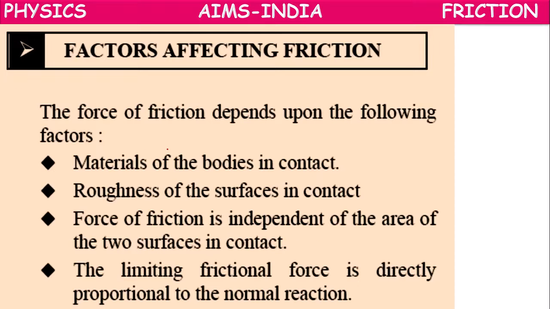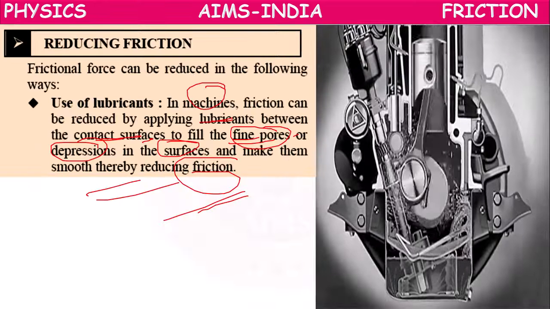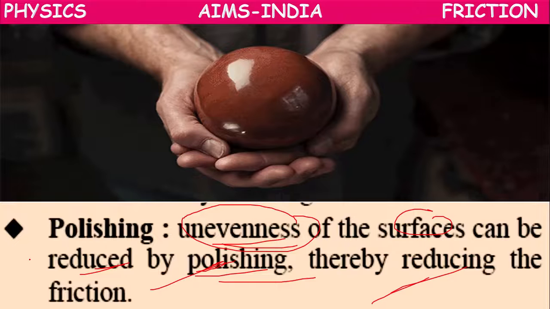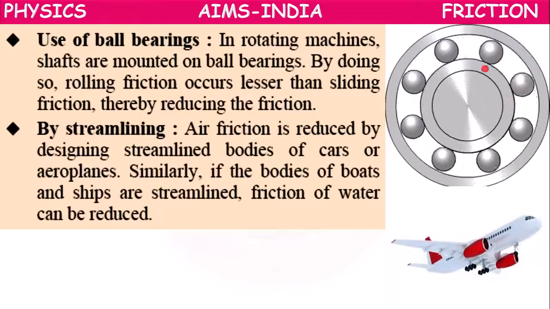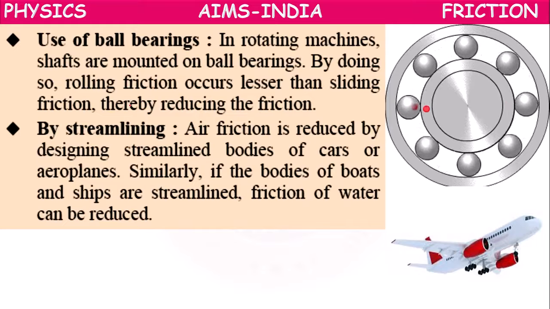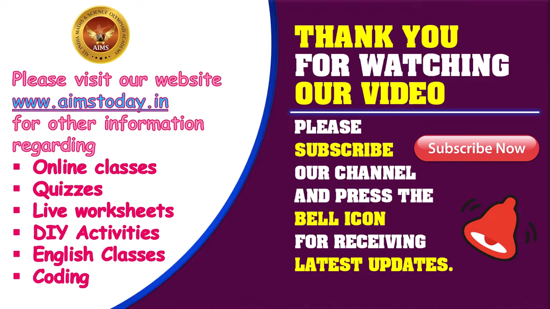Factors affecting friction: mainly materials of contact, roughness of surface, area of contact, normal reaction. How can we reduce friction, children? By using lubricants, by polishing, by using ball bearings, or by streamlining the shape of the body. In this way, we can reduce the friction.